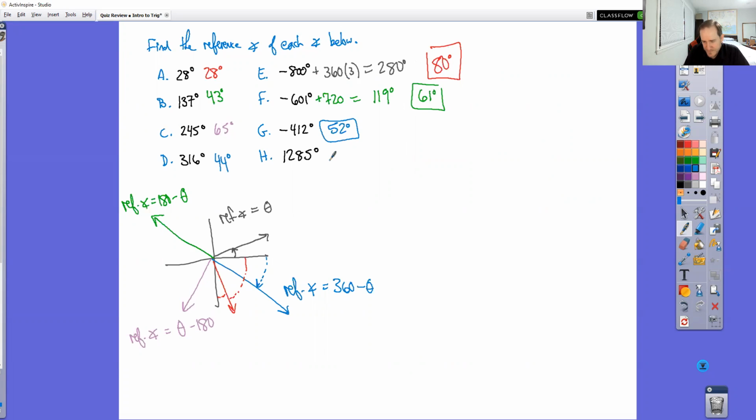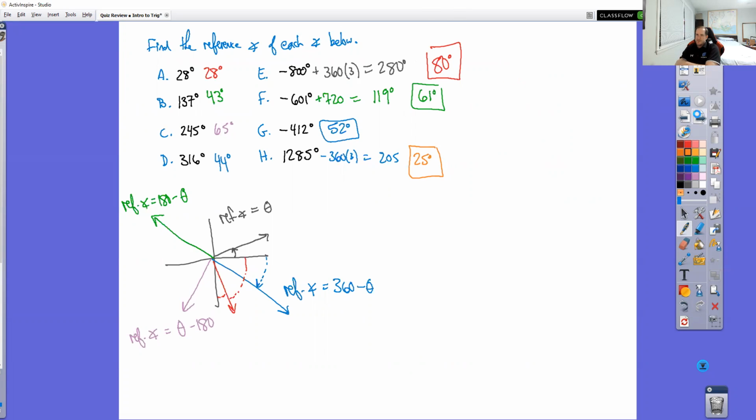And you'll be left with 205. Puts you squarely in quadrant 3, where you just subtract 180. So your reference angle is 25. That's it for reference angles in degrees. You should hopefully be okay with that.